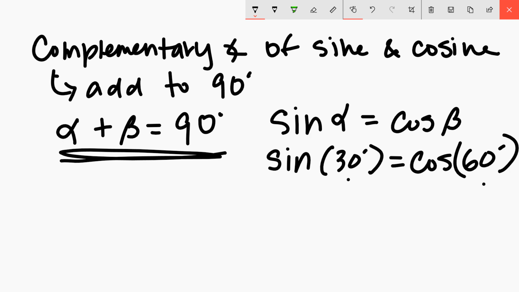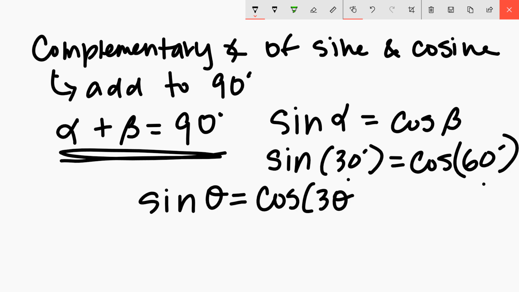In your homework from April 1st, if you are following along in the calendar, you saw a little more difficult problems. Let me find one really quick. So for example, sine of theta is equal to cosine of 3 theta plus 20.